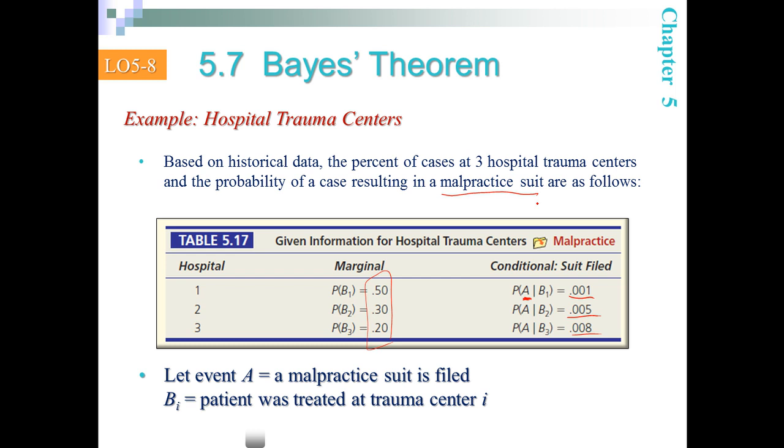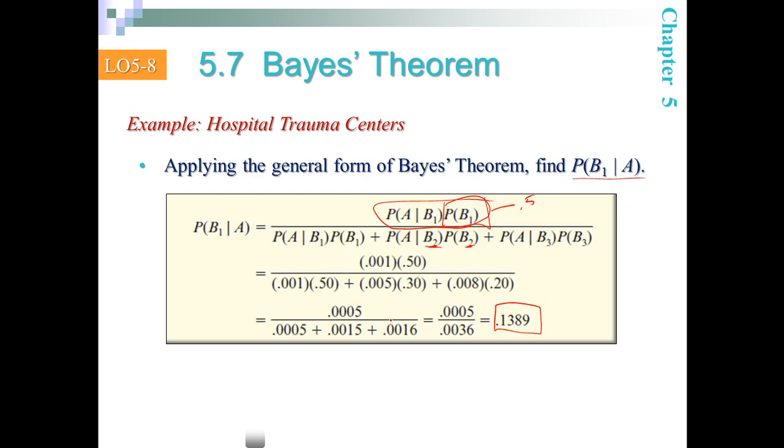And this is actually consistent with what we saw here, because people who go to B1 have a much lower probability of filing a lawsuit. So in fact, you get 0.1%, 0.5%, 0.8%. None of these are very big, but it does happen, and we want to be able to revise the probability that they were at each of these hospitals.